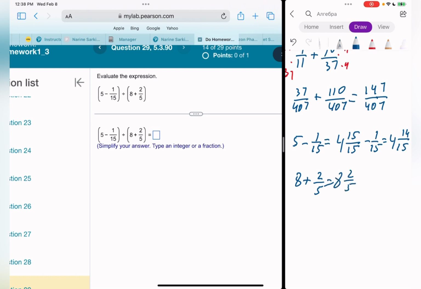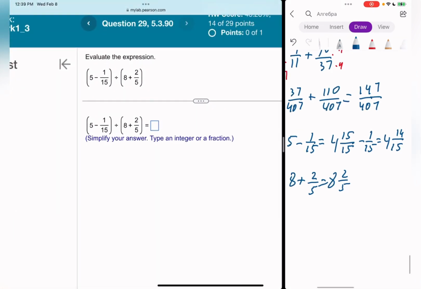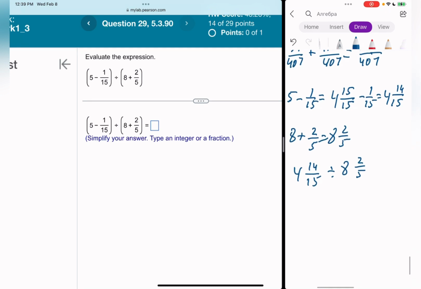There is nothing more. And I'm going to divide them by each other, right? Yes. So let's see. 4 and 14 over 15 divided by 8 and 2/5. So 4 and 14 over 15. What do we get? 4 times 15, I'm getting 60. 60 plus 14, I'm getting 74 over 15.